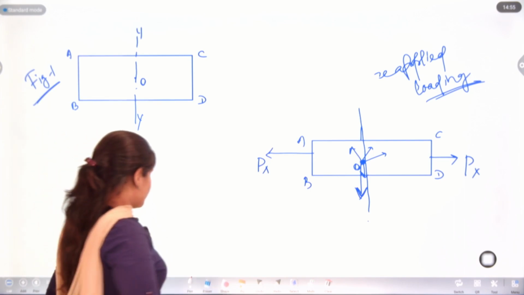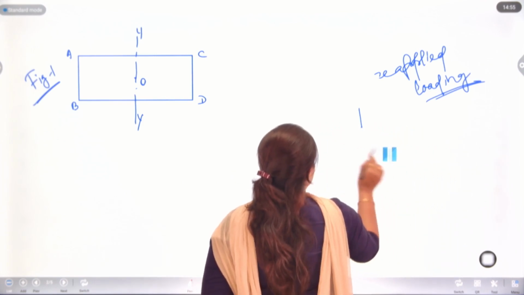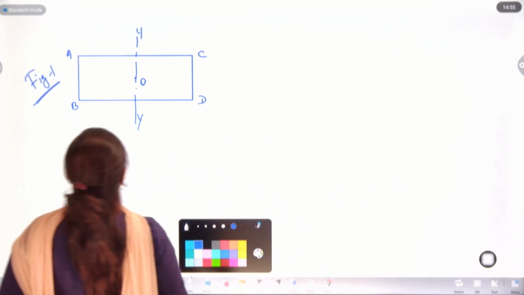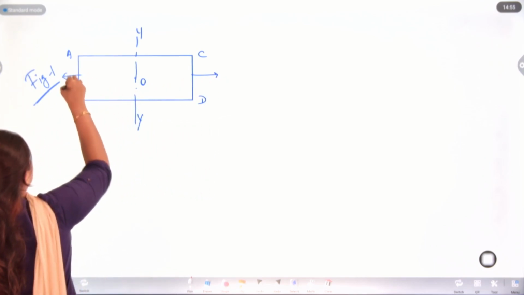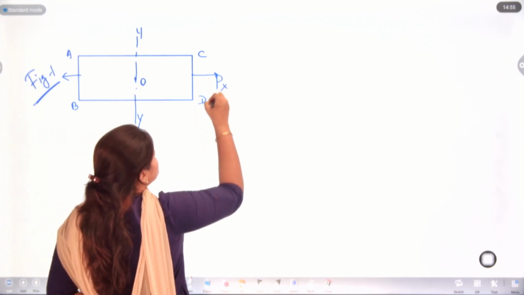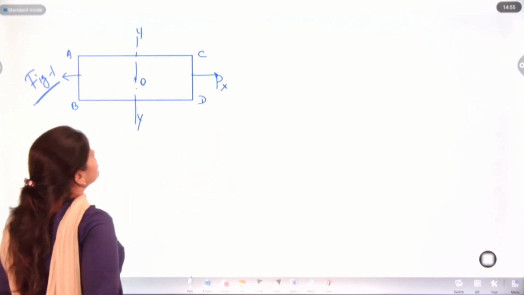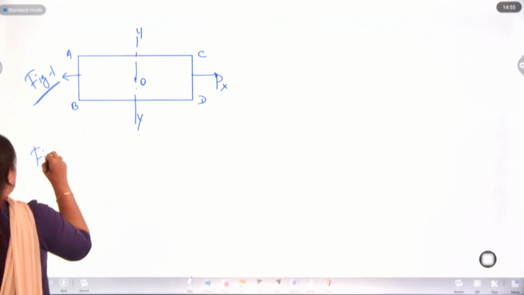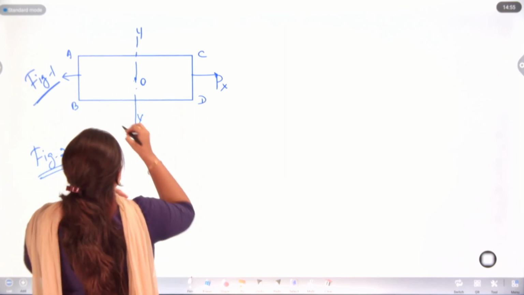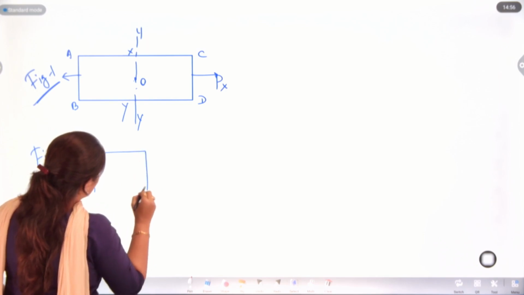So what we have done till now is take one prismatic body, which can change its shape and size after applying stresses. Now we need to find the stress at this point. Here the force applied is Px, and we need to find the stresses at point O. So we cut the object in the vertical direction. Now in figure 2, we separate this part and this part.